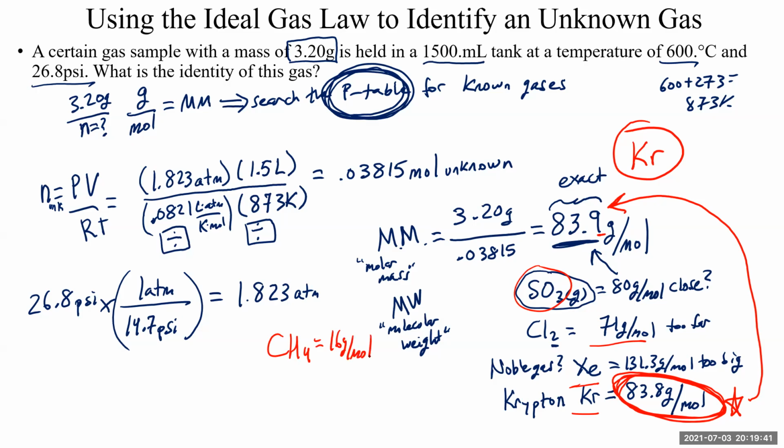So if we ended up calculating something around 15.9 or 16.1 grams per mole, we could probably assume it's methane. If it's ammonia, it's 17 grams per mole. If it's nitrogen dioxide, that would be 46 grams per mole, etc. So there are different possibilities. Just be aware that sometimes you can identify an unknown gas just by its molar mass.